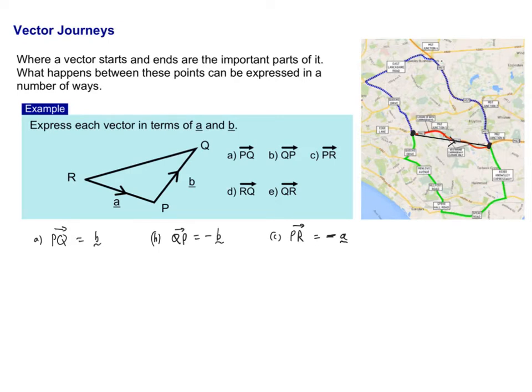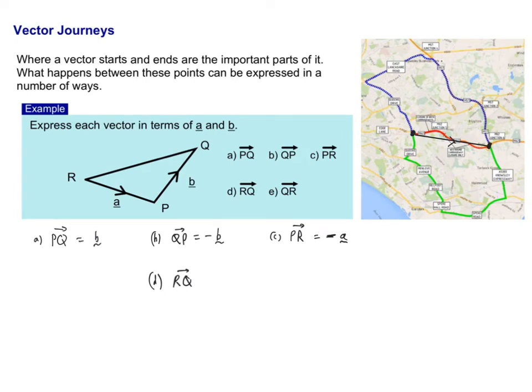D. The vector RQ. So I am being asked, how can I get from R to Q? Now, the vector we're looking at is this straight line here, going from R to Q. However, this has not been described in terms of A and B. So we're looking for an alternate route. We are trying to find a blue or a green route on this map here.